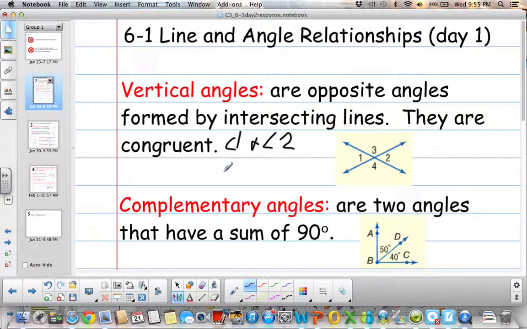And then we would have angle 3 and angle 4. Because we have two intersecting lines, 1 and 2 are opposite from each other, and it looks like we can see that they are approximately the same angle, so they are equal. And then angle 3 and angle 4 are equal, so they would be examples of vertical angles.